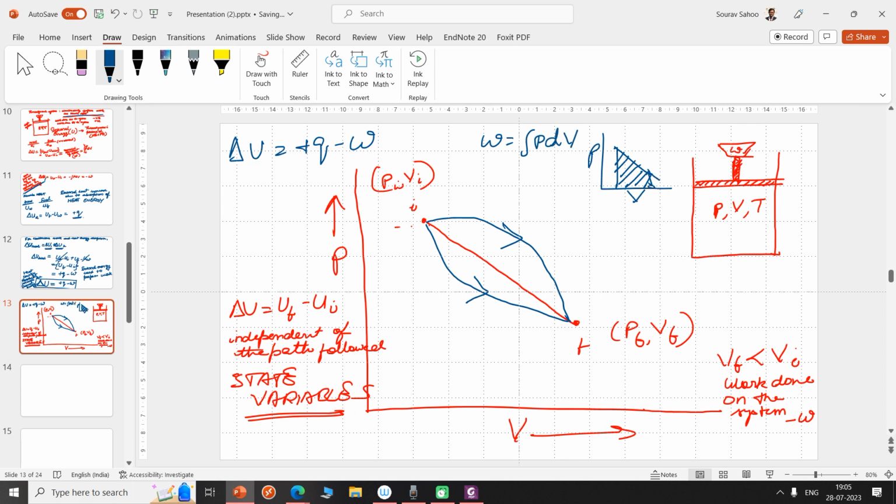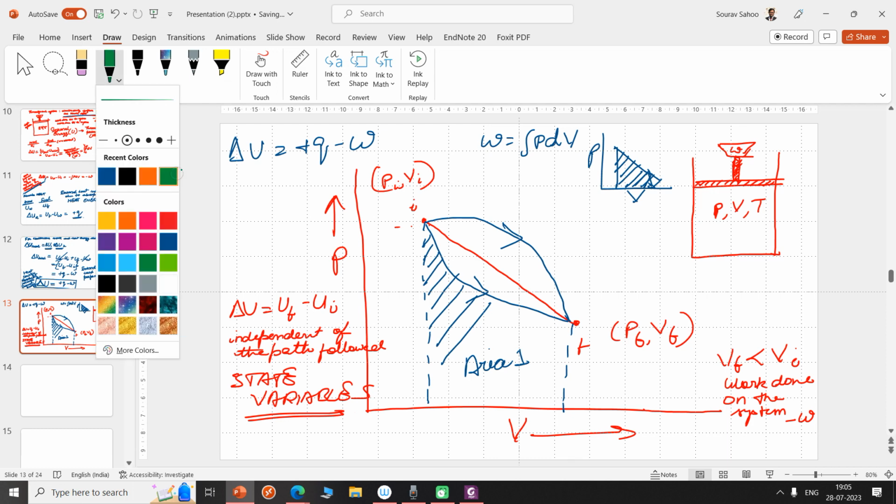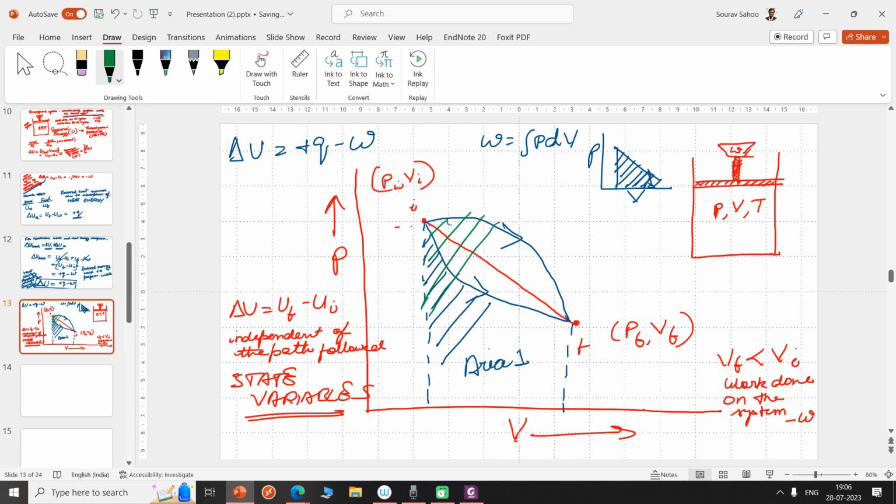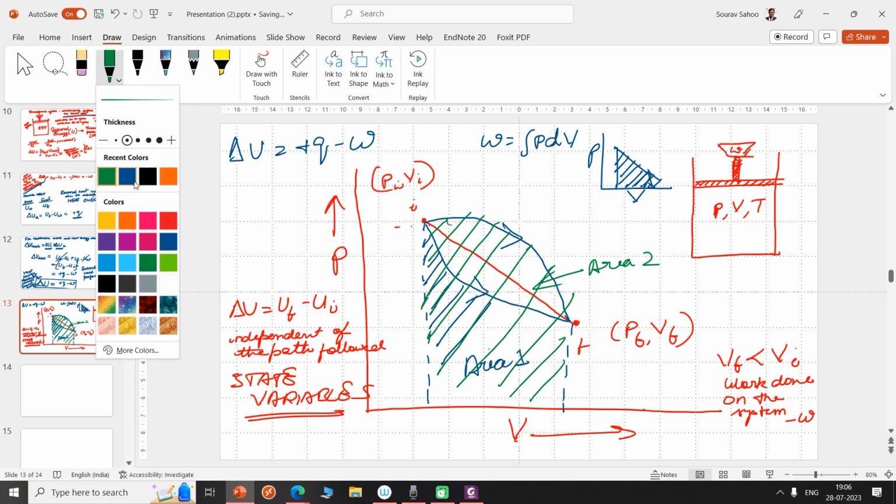So in this chart, in this reaction coordinate, if I take the area, it will give me the work done, and we can see that if the transition happens from the initial to final state by these routes, the areas are not the same, right? So area 1 is not equal to area 2.